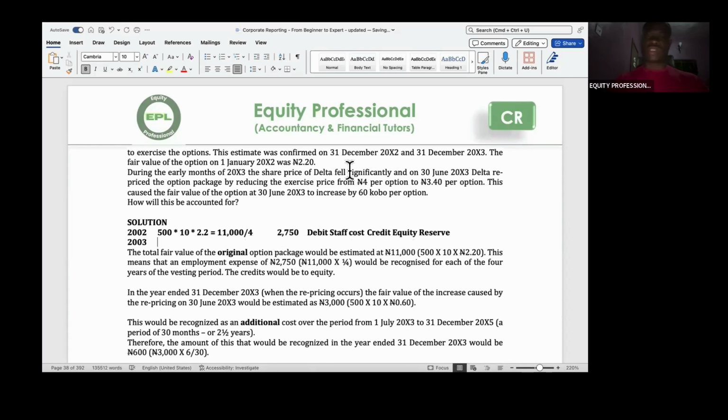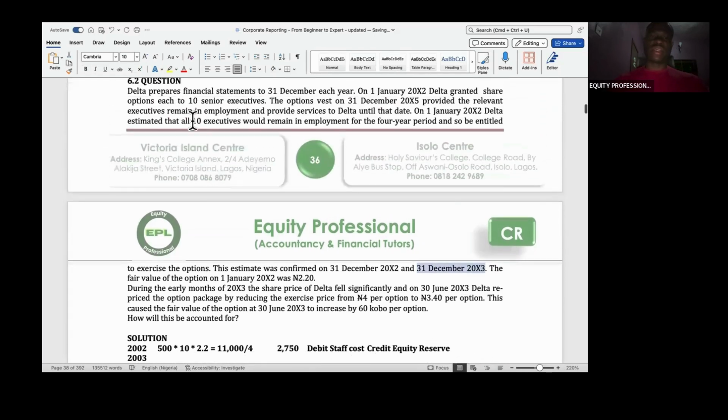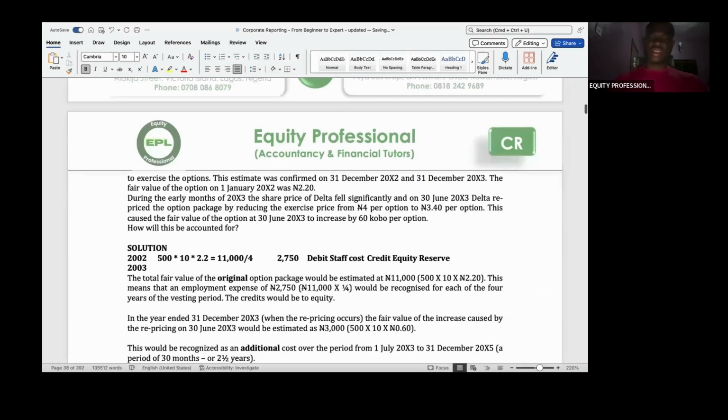In 2003, what are we going to have? They confirmed that estimate in 2003 as well, meaning the whole of the 10 will remain. So in 2003, it's still the same, 500 times 10 times 2.2. So this will now be 11,000, multiplied by 2 over 4. Then that will be 5,500.